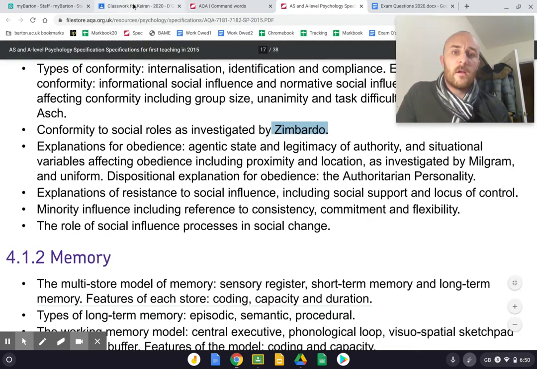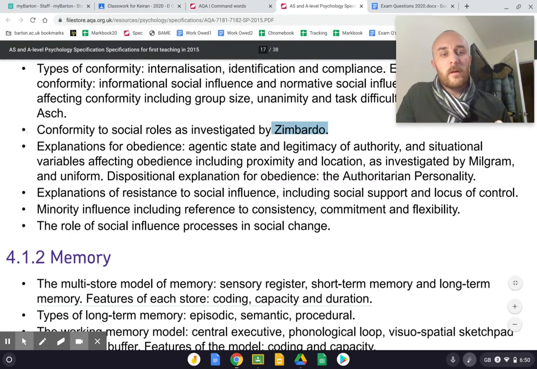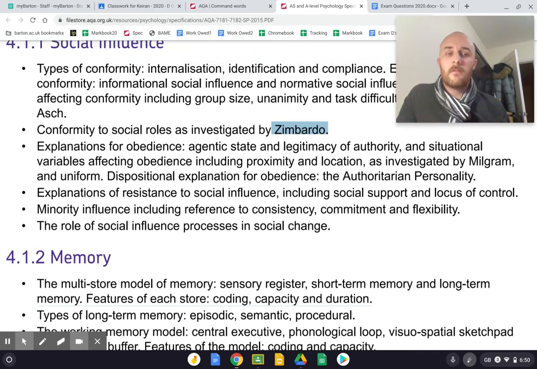There's really not a lot to it, but the main takeaway I want you to take away from this is that for every one of these bullet points, you need to know specialist terminology, not the surface level stuff that everybody knows, but specialist terminology that can only be used in that bullet point. Off the top of my head, a term you might want to use for the authoritarian personality is rigid parenting styles.